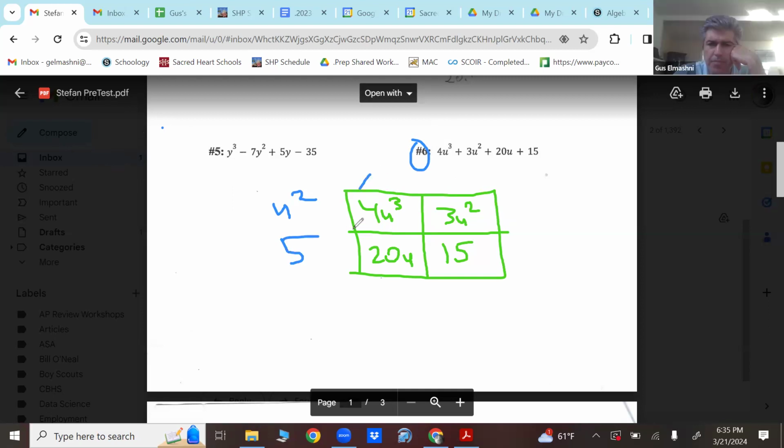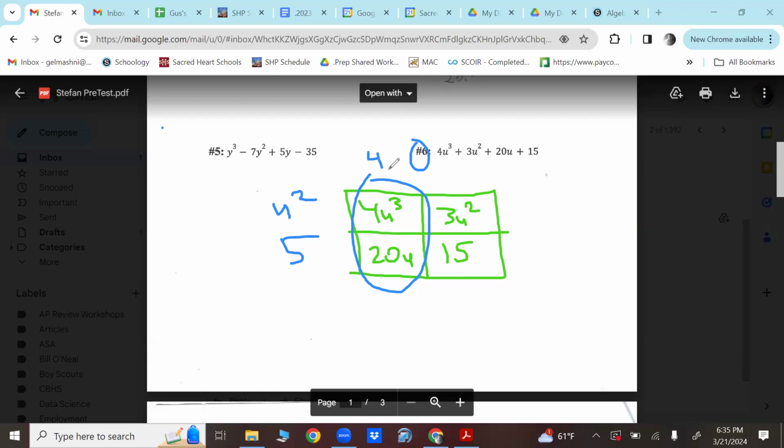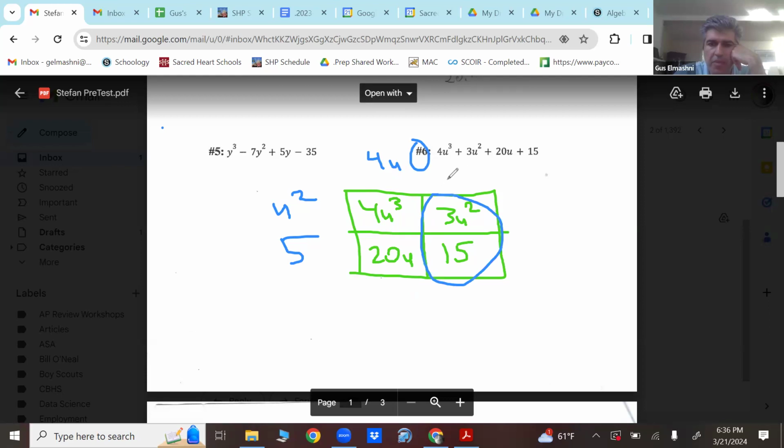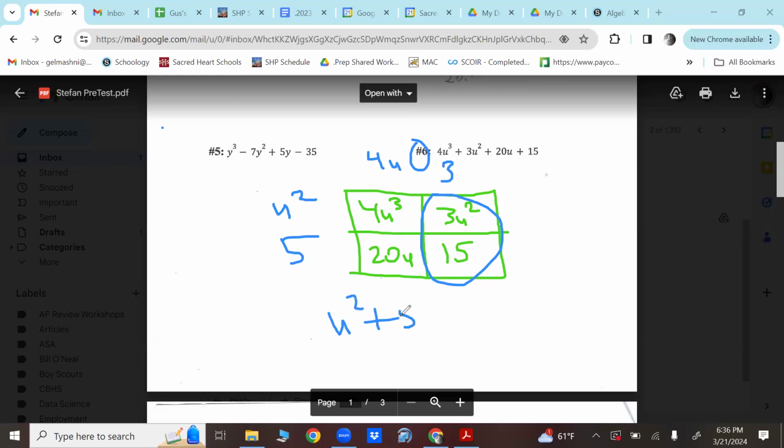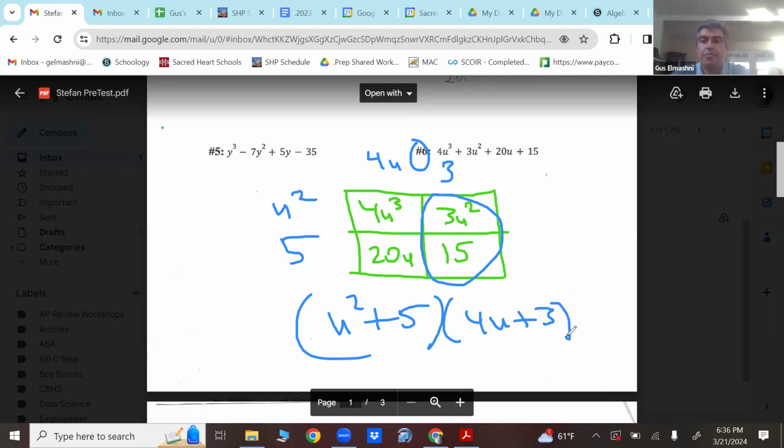Okay. First column. 5. No, 4. Second column. 3. There you go. Okay. See, not that bad, right? Pretty simple.